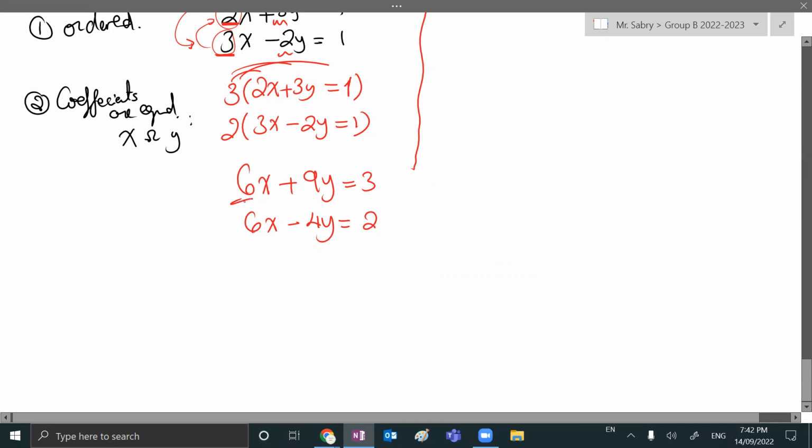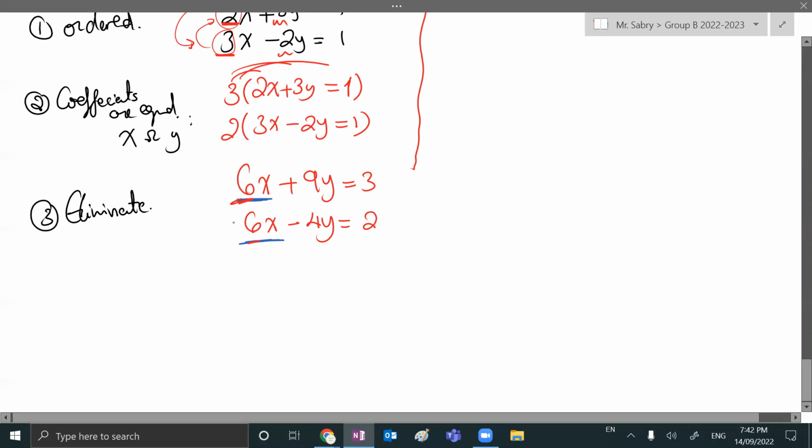So now I do have the x's with the same coefficients, which means I should move to step number 3, which is called the elimination process itself. So start eliminating. Ask yourself, how can I eliminate this 6x with this 6x? If I add them or if I subtract them. And if they have the same signs, you subtract them.